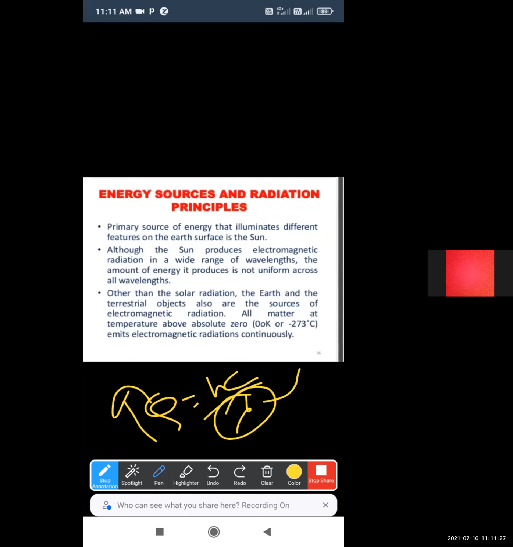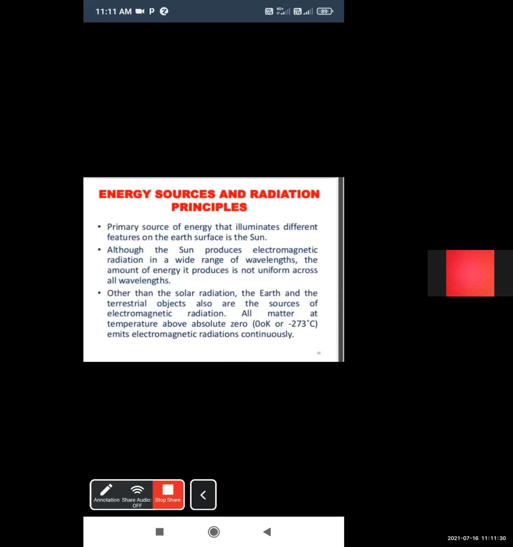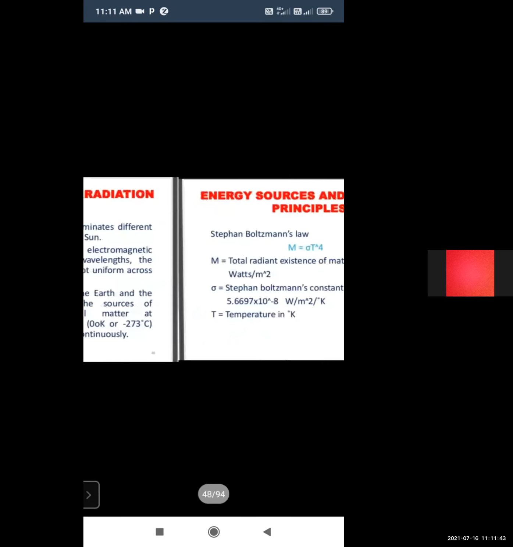So besides solar radiation, the earth and terrestrial objects are also sources of electromagnetic radiation. All matter at a temperature above absolute zero, or 0 Kelvin, emits electromagnetic radiation continuously.